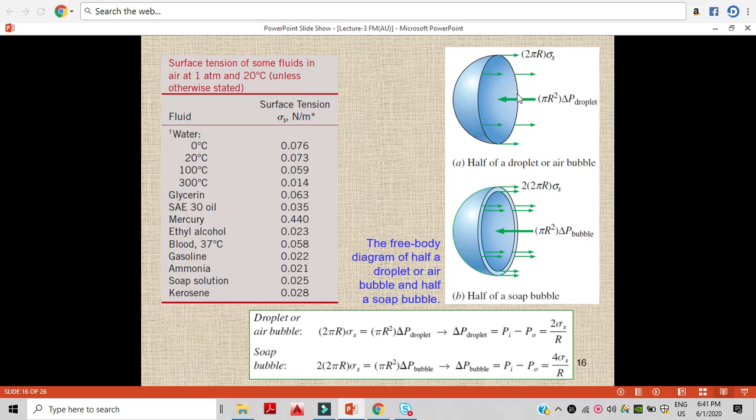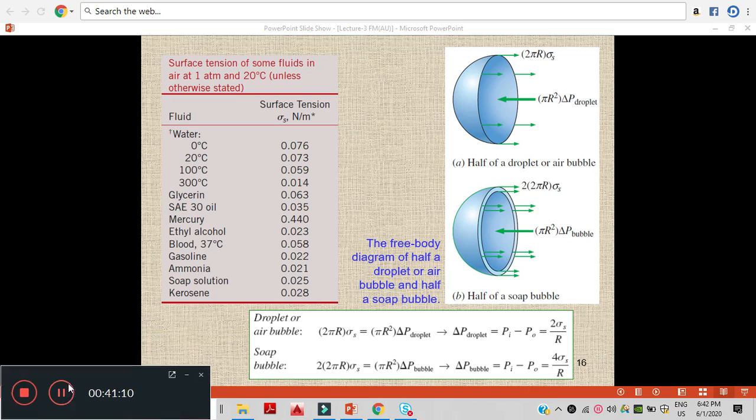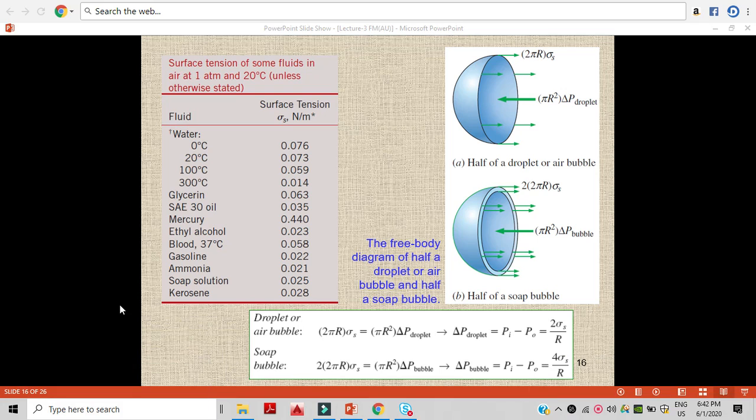As mentioned here, there are two kinds of bubbles. One is the air bubble and the other is the soap bubble. Air bubble or the water droplets. So we have two cases here, the water droplet and the soap bubble. How can we calculate the pressure and surface tension in the soap bubble and the sphere?